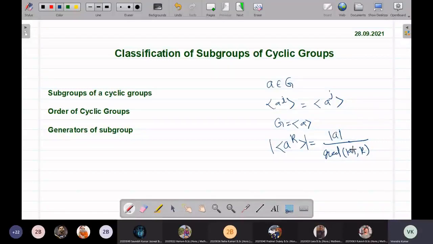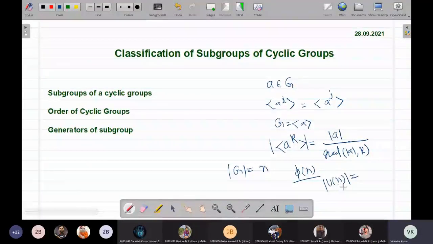So these are the things we have seen so far, and also one more important thing: the number of generators of a cyclic group. If the group G, which is cyclic, has order n, then the number of generators is phi of n, where phi is the Euler phi function. With the help of this, we can also count the number of elements.